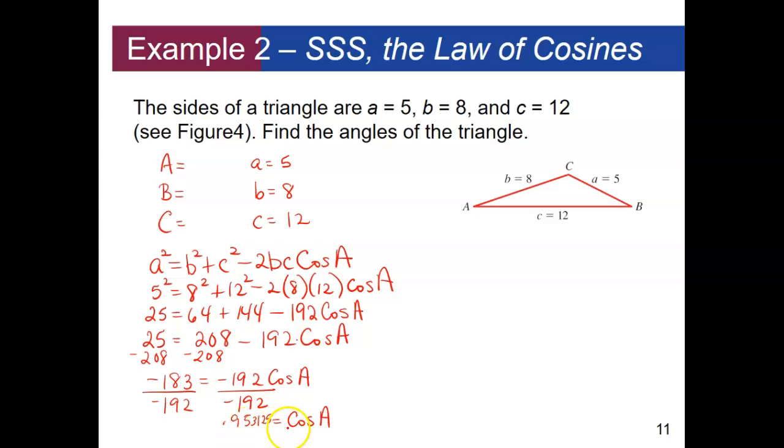Definitely carry it quite a few decimal places here. Now I'm going to do the inverse cosine of 0.95312, and that's going to give me angle A. So I do the inverse cosine of both sides here. So angle A is going to be 17.6 degrees.